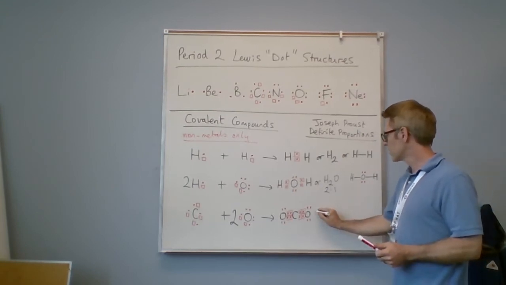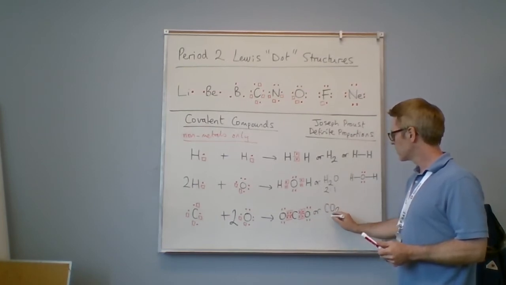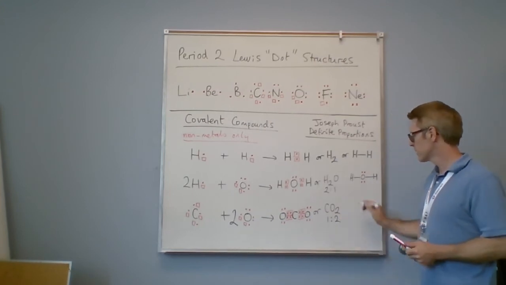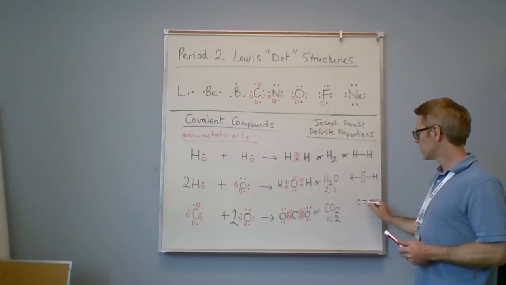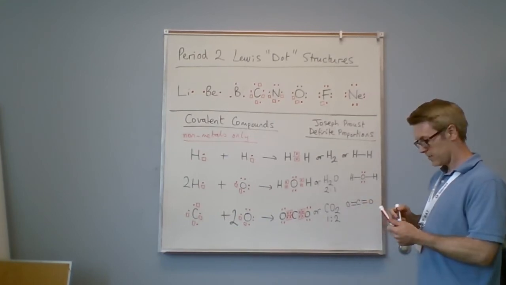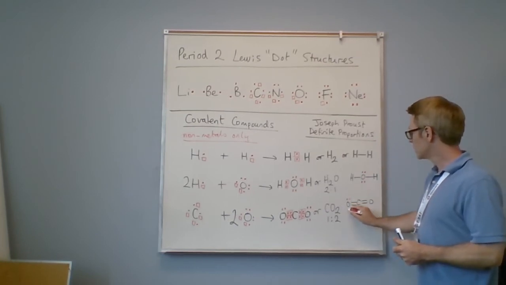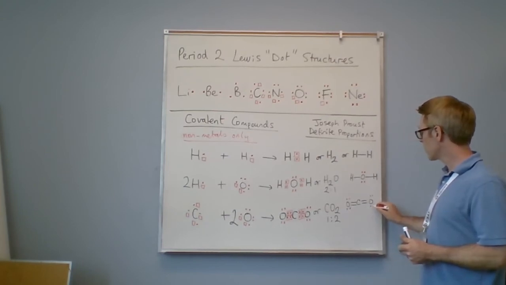So I could write CO2 in a 1-to-2 Joseph Proust definite proportion, or I could just write C double bond O with my 2 lone pairs or 4 lone electrons on my oxygen.